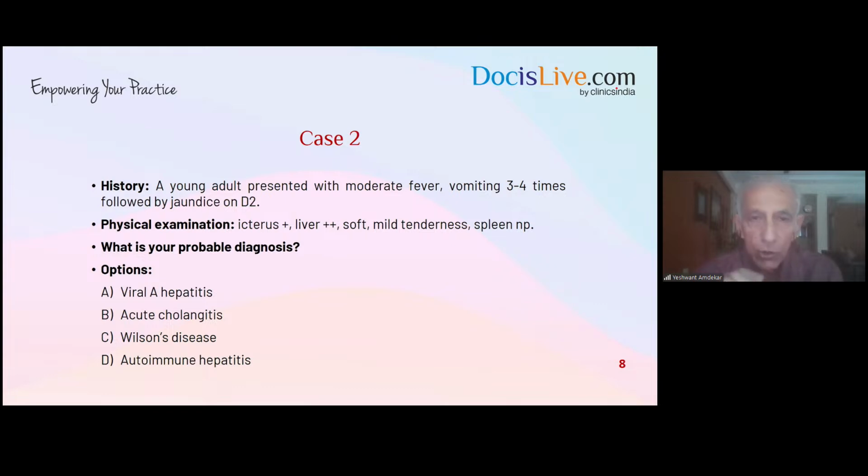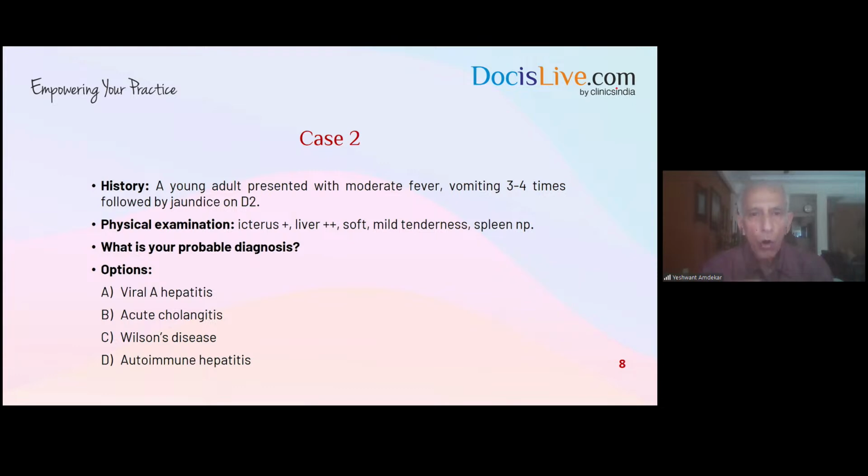This is an acute hepatitis, but there is no prodrome. Prodrome are the vague symptoms before typical symptoms of a liver disease come in. And the prodrome I mentioned in the first case discussion was severe anorexia, nausea, vomiting. Without that, never diagnose viral A or viral E hepatitis.